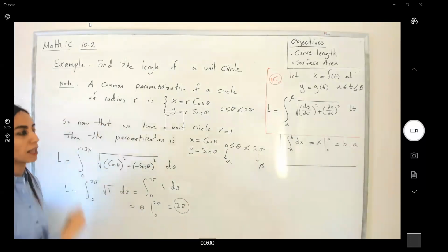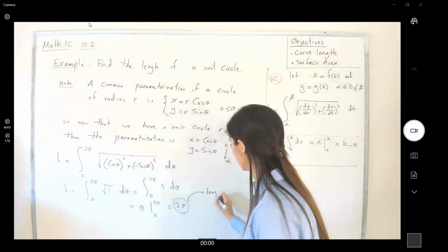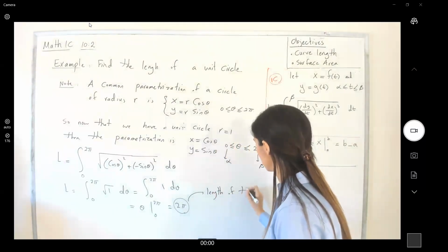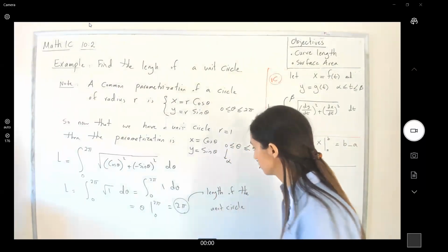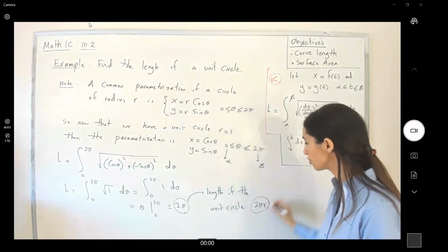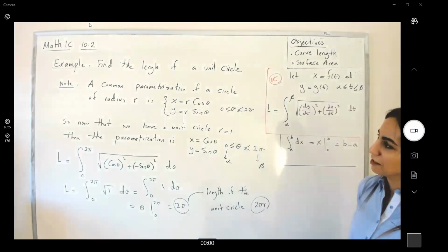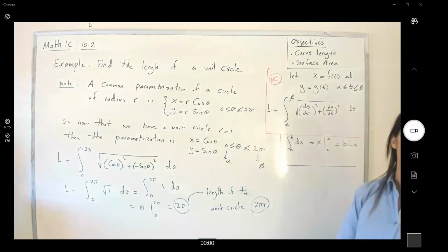This is just the length of a unit circle. 2 pi r, this is the formula. We learned this in algebra, and now this is the actual formula that we use to derive this number.